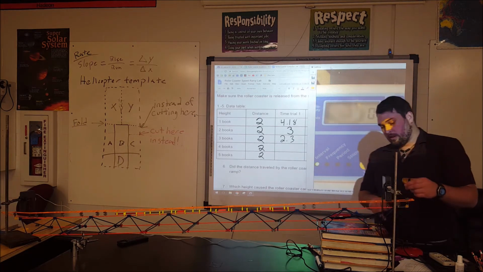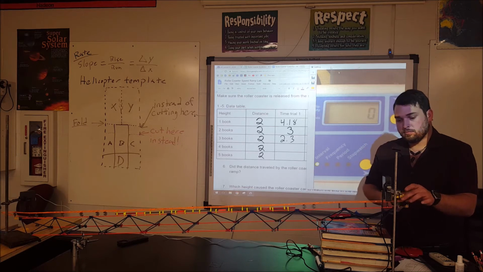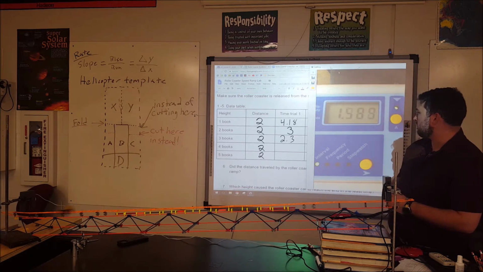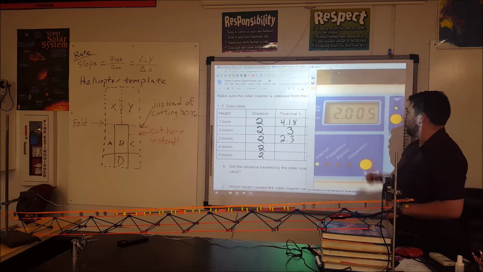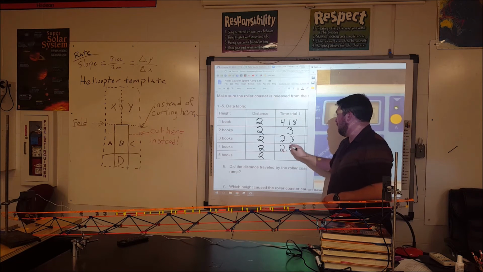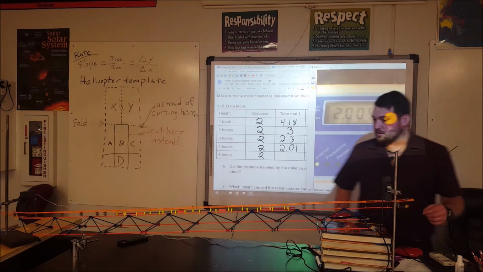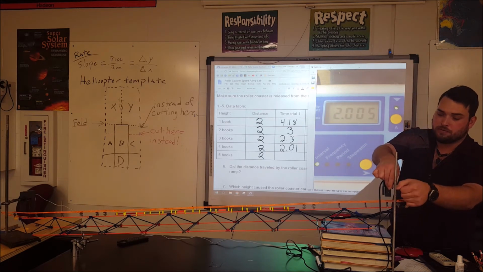And now we're ready for 4 books. 2.00. We'll go ahead and round that up to 2.01. All right, let's do 5 books, and then we'll be done for the data collection portion.